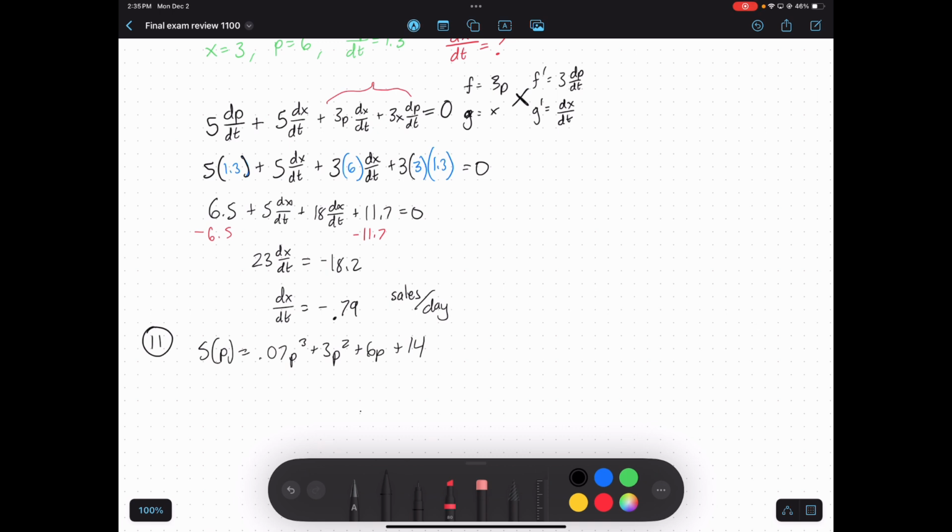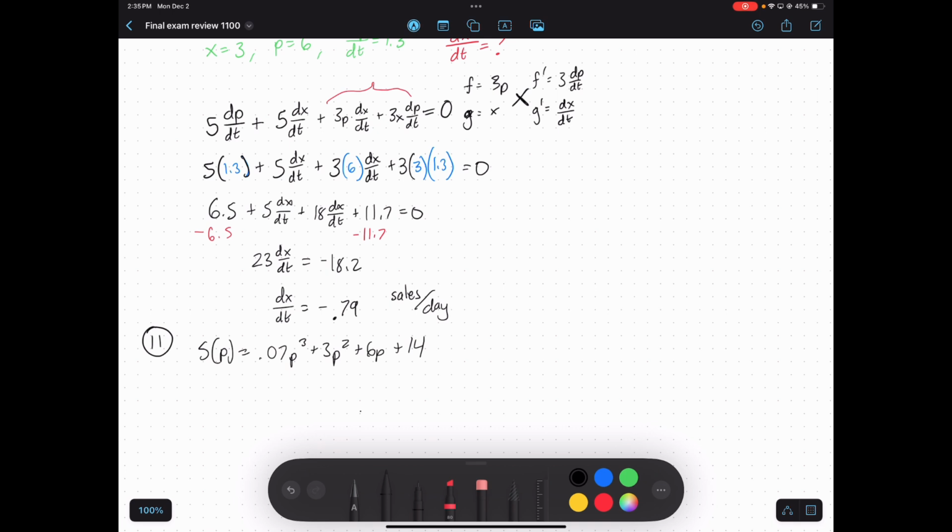S of P is the number of items produced, and the price is P dollars. So how many products are you going to produce if you set the price to a certain amount? Price is my independent variable. The supply, how many you will actually produce, is your dependent variable.